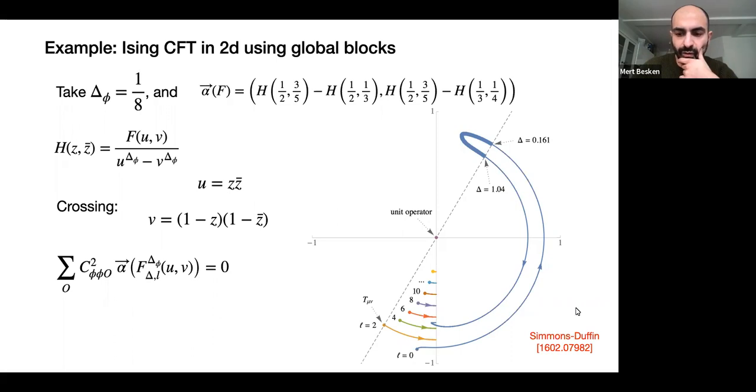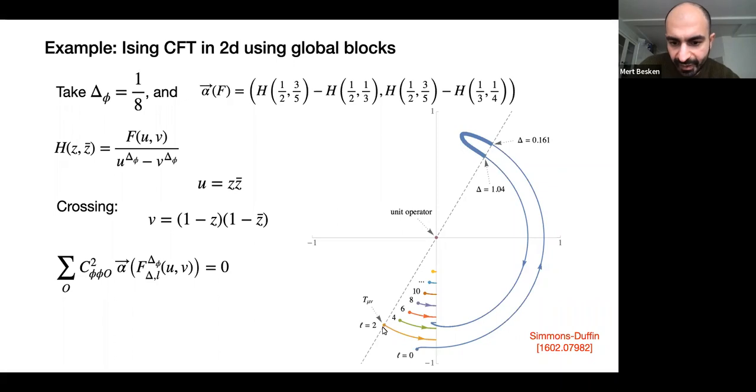Here I'm showing you some plot from David Simmons-Duffin's TASI lecture notes on the Conformal Bootstrap. If we just plot this 2-dimensional linear functional on the unit operator, which has dimension 0, you'll see it will just give you 0. And then here we see these dots represent all the symmetric traceless tensors that can appear in the OPE of identical scalars, and these numbers denote the spins of them.